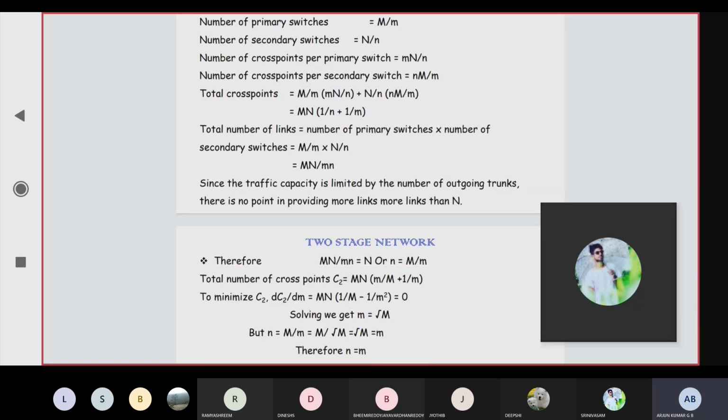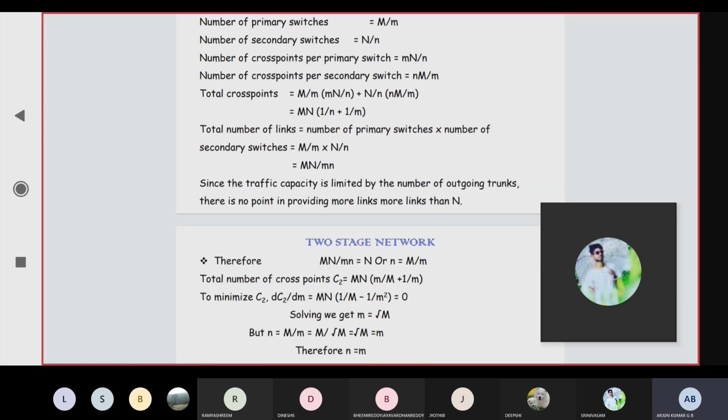That's why the traffic will be limited by the number of outgoing trunks. There is no point in providing more links than N, because the number of outgoing trunks will be less. We can't consider more than N only.